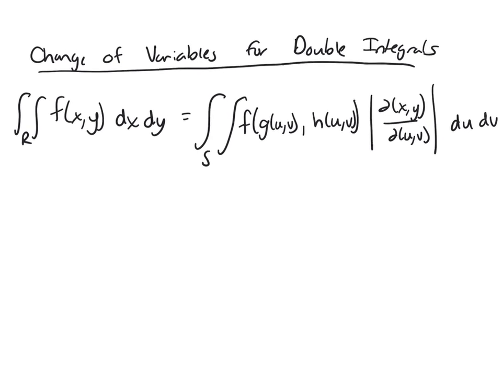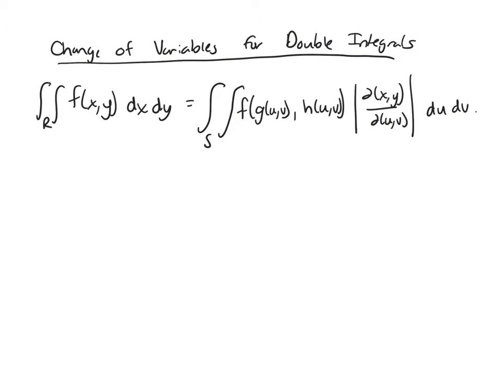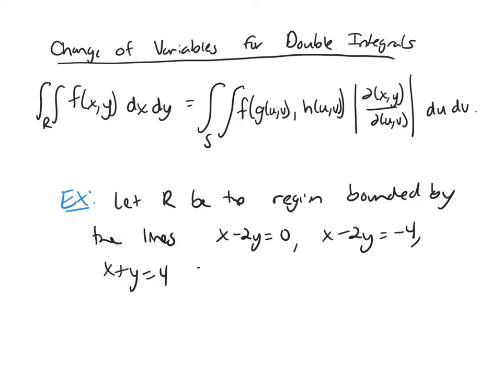So let's revisit this example we kind of looked at in our last video, but now we're going to apply it to an integral. Let R be the region bounded by the lines x minus 2y equals 0, x minus 2y equals -4, x plus y equals 4, and x plus y equals 1.